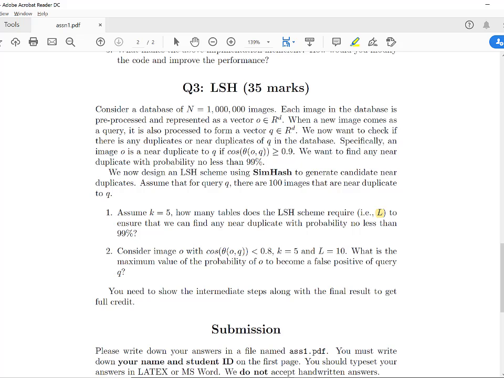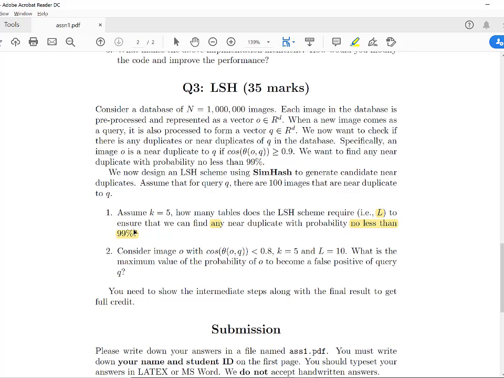We have defined a near duplicate as having cosine theta no less than 0.9. And here we want to know how many tables we need to ensure that we can find any near duplicates with probability of no less than 99%.